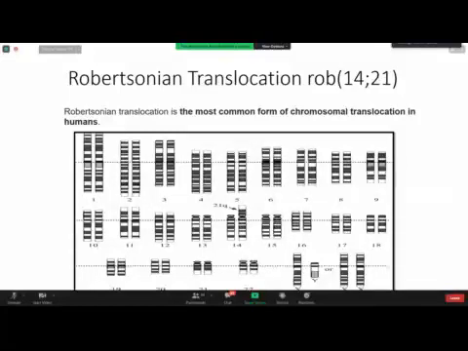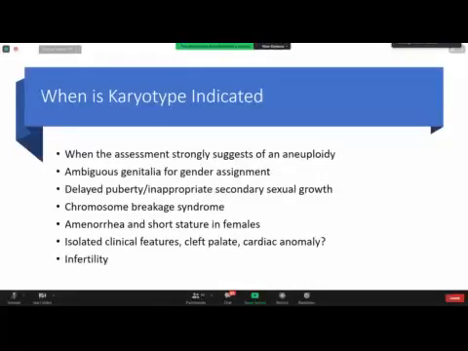But when you are a physician, when will you actually order the karyotype? When you think there might be some chromosomal abnormality, especially in gender assessment, or if there is any problem in secondary sexual growth and these kinds of things.